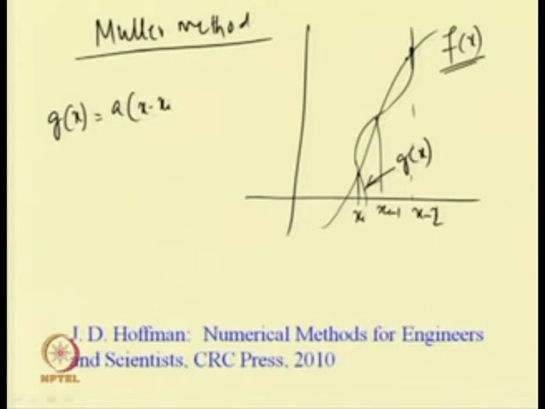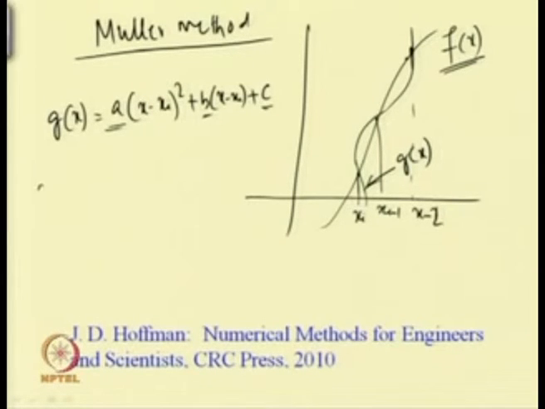So, this g x can be written using this formula: a into x minus x i whole square plus b into x minus x i plus c. As we have 3 points, we can obtain this a, b and c, and after obtaining g x, we can proceed in a similar way as we did in the case of Newton's method or the secant method to find the closer solution.